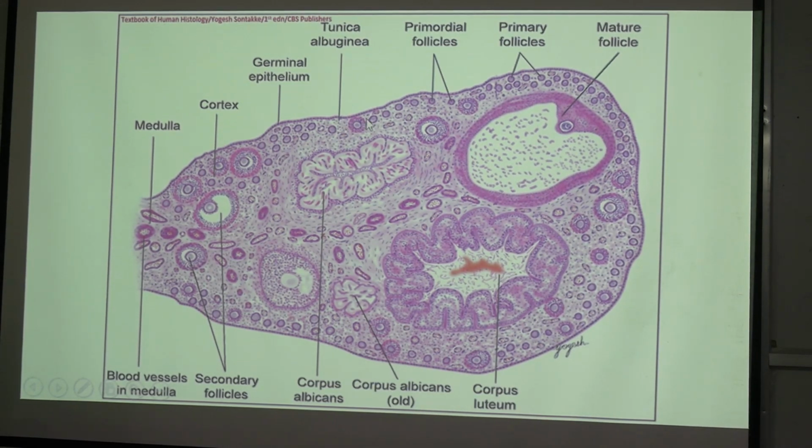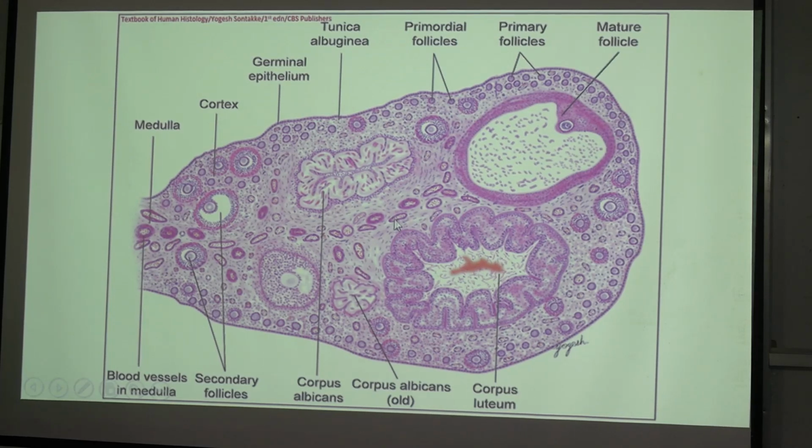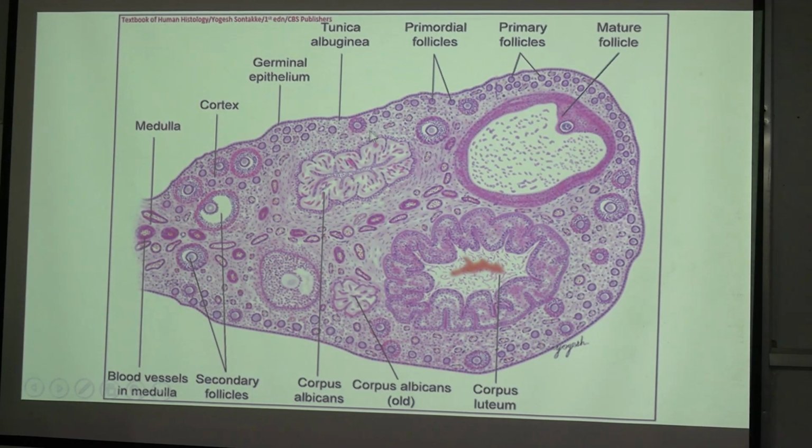Deep to that we have the tissue we call tunica albuginea, another layer lying there. This whole thing from this side to this side we call the parenchyma. The parenchyma is divided into two parts. This outer side we call the outer cortex, and this central side we call the medulla. The medulla is occupied principally by blood vessels and connective tissue structures, whereas the outer cortex is occupied by the different stages of ovarian follicles.